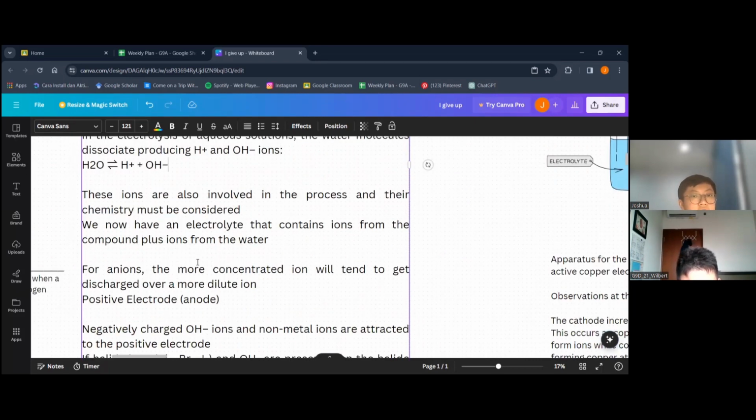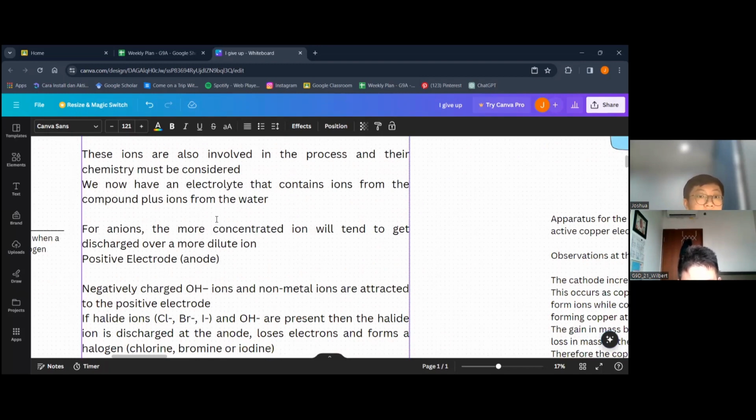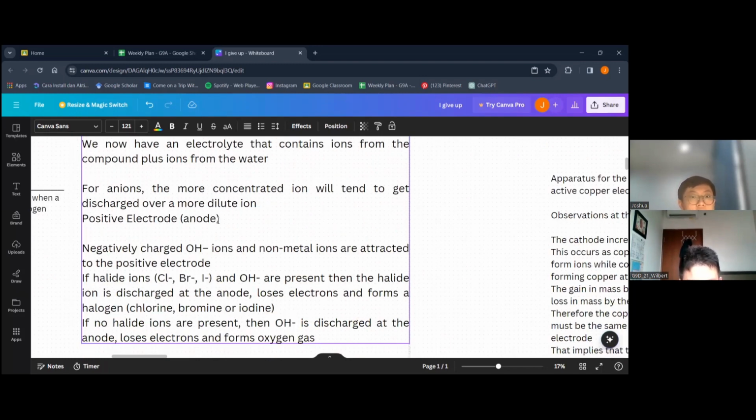So these ions are also involved in the process and their chemistry must be considered. We now have an electrolyte that contains ions from the compound plus ions from the water. For anions, the more concentrated ion will tend to get discharged over a more dilute ion. This is referring to the positive electrode, the anode.